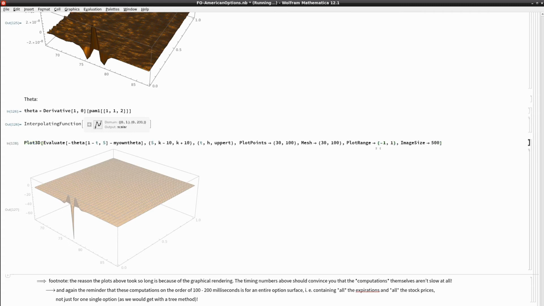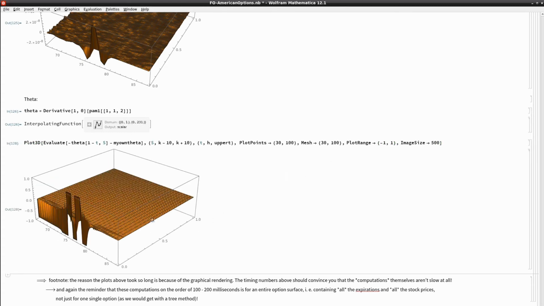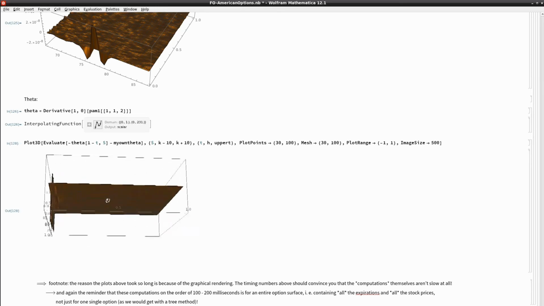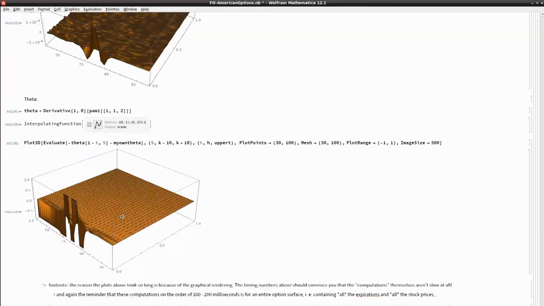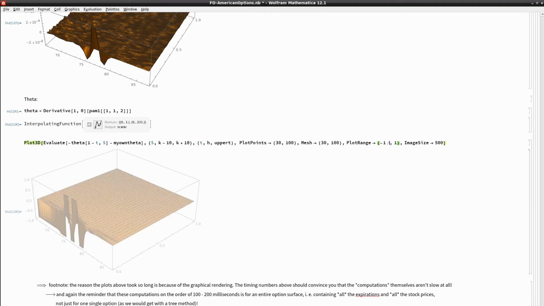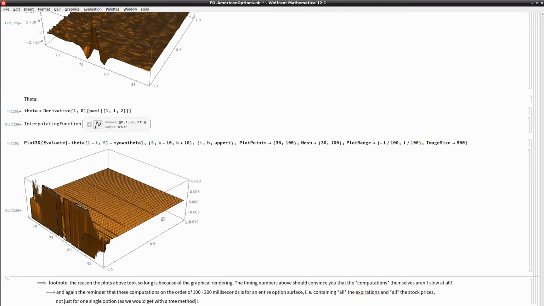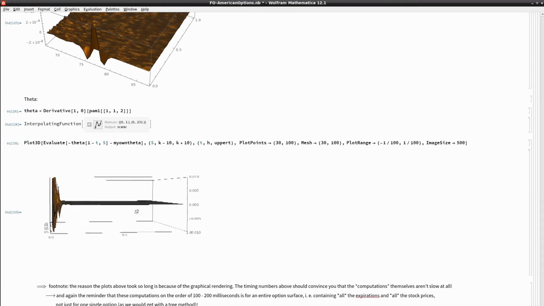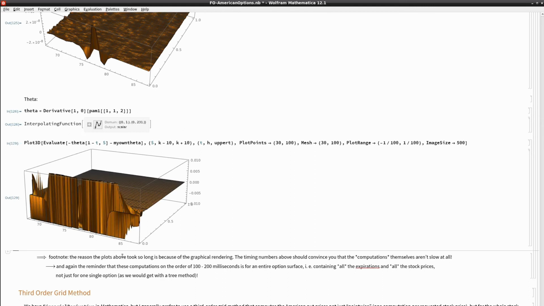What will we get? This should basically, yeah, see, except for just a few instants before expiration, we still get a difference of 0. Very smooth here. How about 1/100? So we are getting 0, right? We are getting 0 for our practical purposes, except numerical error just before expiration.